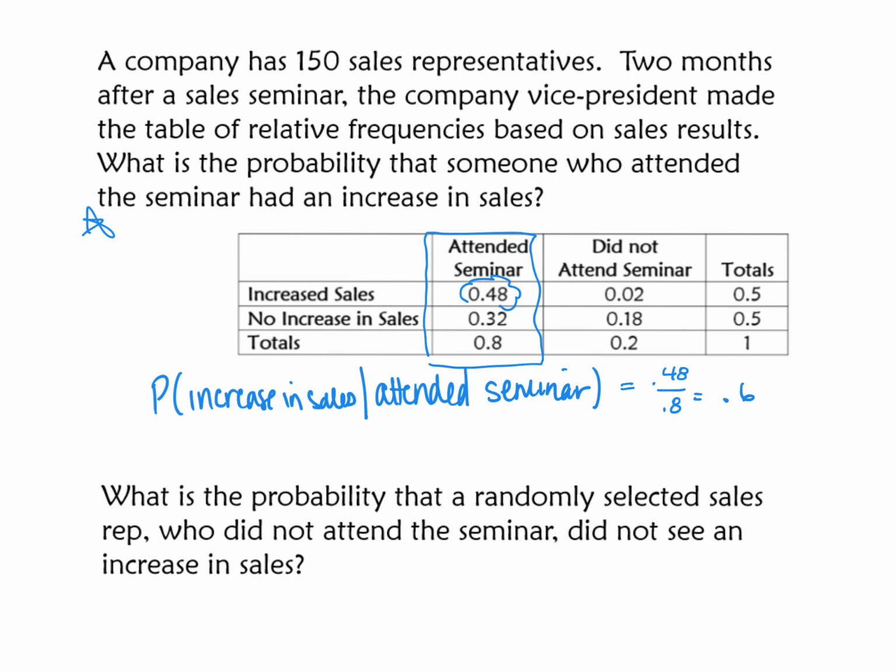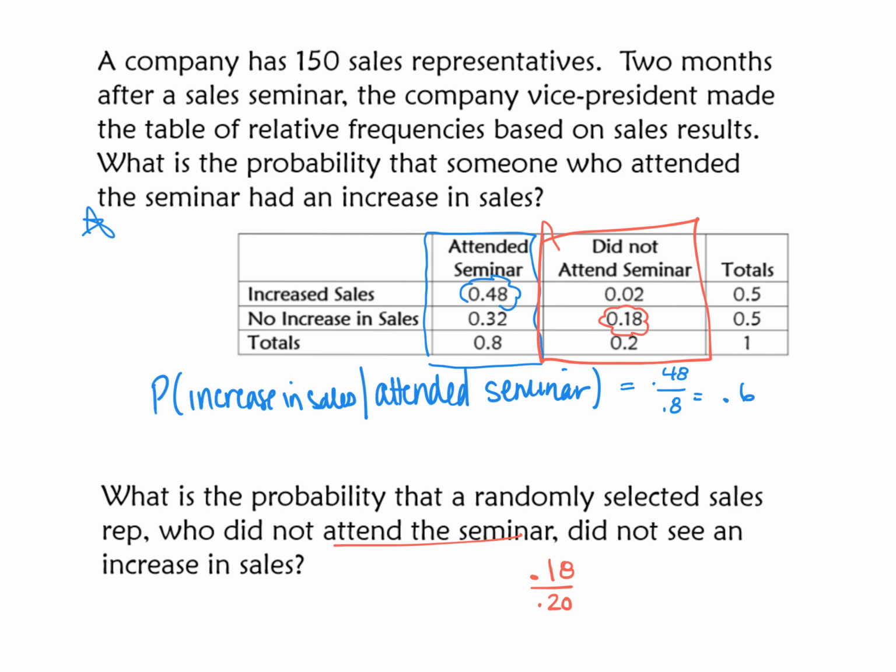Okay, the second question says, what is the probability that a randomly selected sales rep who did not attend the seminar did not see an increase in sales? Okay, so they did not attend the seminar. That's our given. So given that they did not attend the seminar, they did not see an increase in sales. So we're looking at 0.18 divided by 0.20.